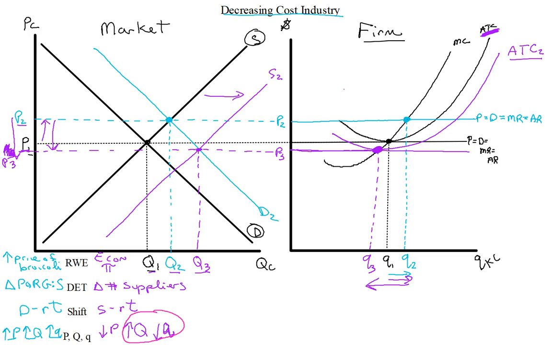And the answer is because there are so many new firms that have entered the industry. Every firm's actually producing less than they were before, but there are so many more firms that total production actually went up.